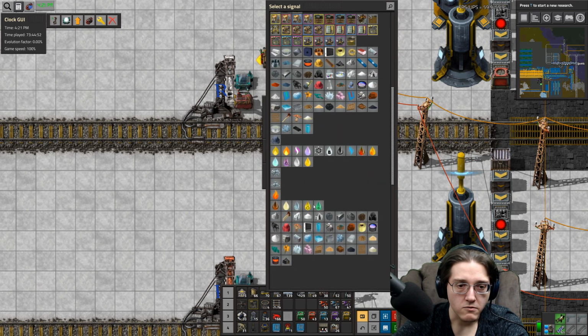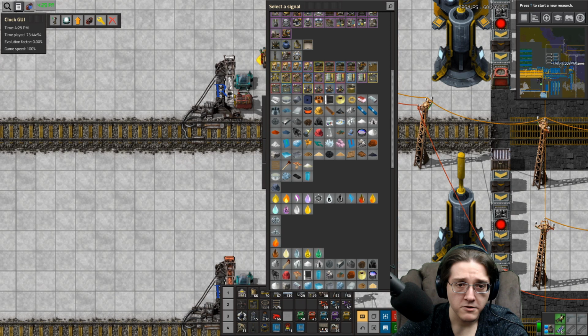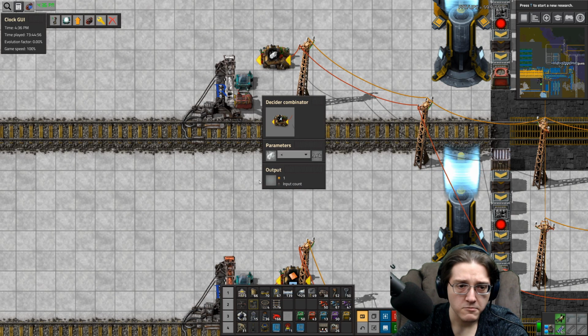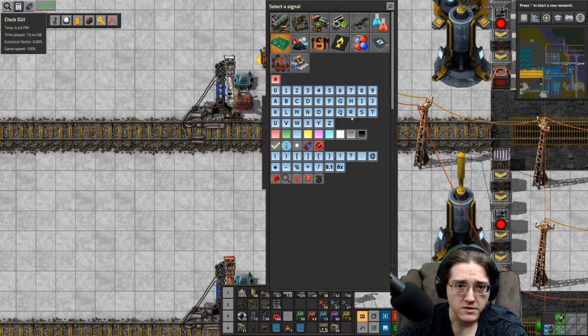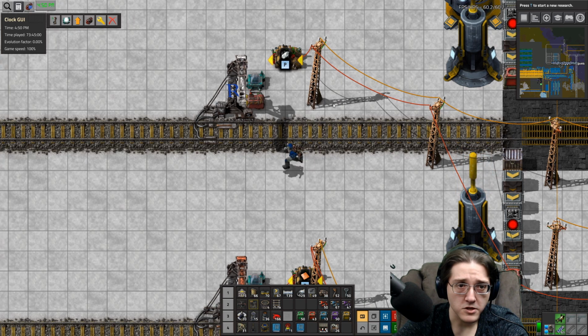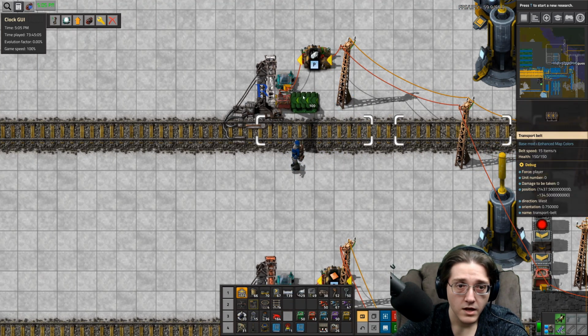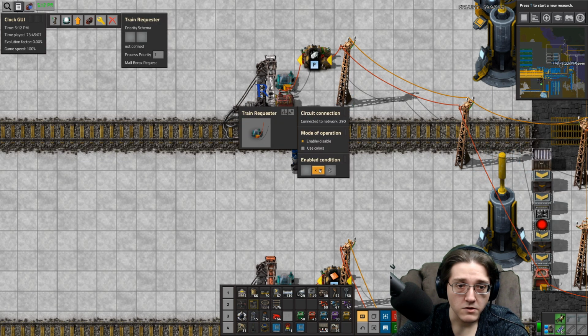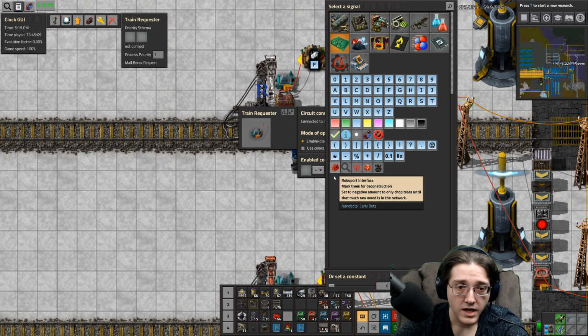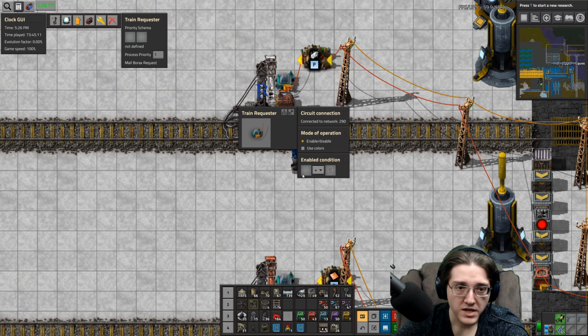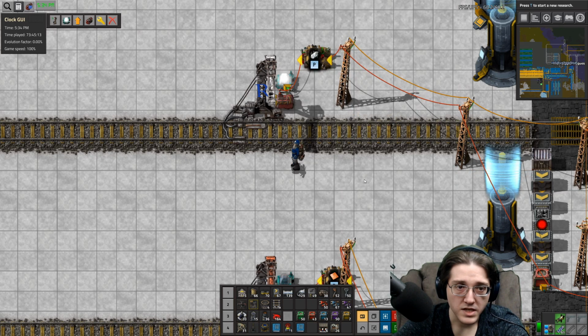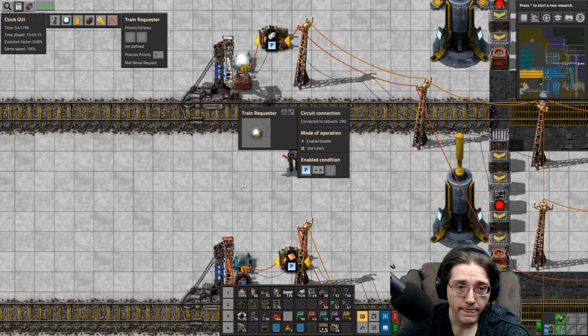On the standard borax, outputting a signal P equal to 1 when true, which it should be true, and you are enabled if P is equal to 1.